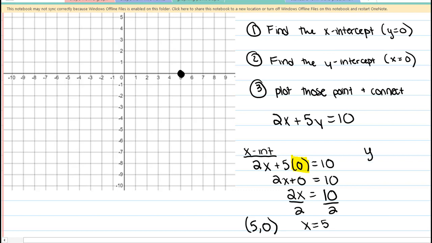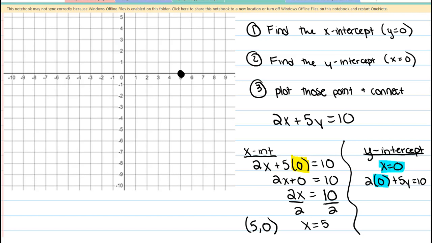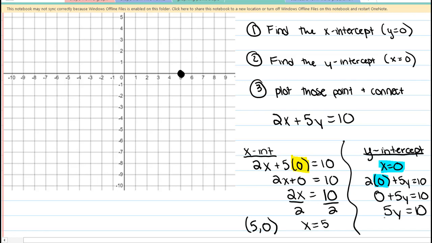All right, let's do the same thing with the y-intercept. The key there is that it is when x is 0. So in the equation, I am plugging in 2 times 0 plus 5y equals 10. Two times 0 is 0. 0 plus 5y simplifies to 5y.